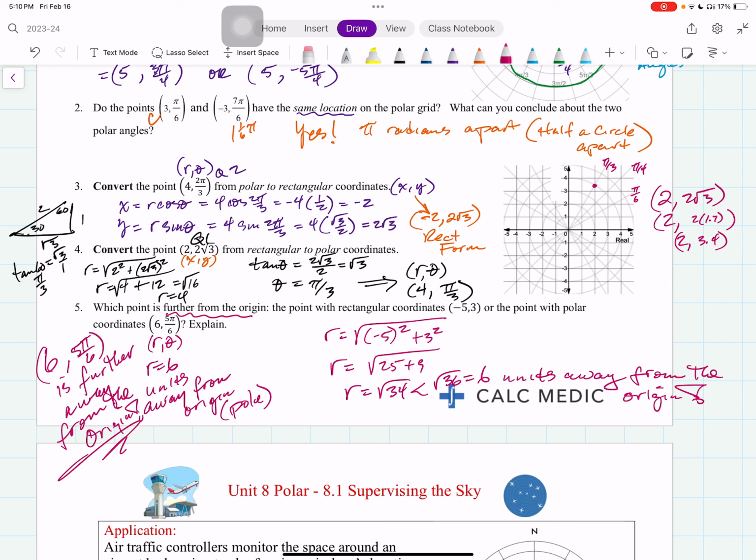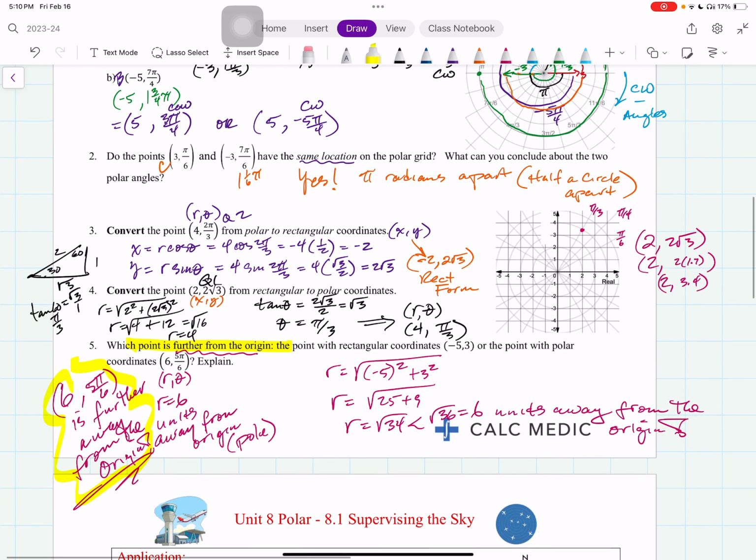There we go. That is the conclusion. So you just have to compare. You have to know what r means in polar form, and then you have to know how to find r, the radius, if you're given rectangular form, and then you just compare. I thought that was a cool problem.